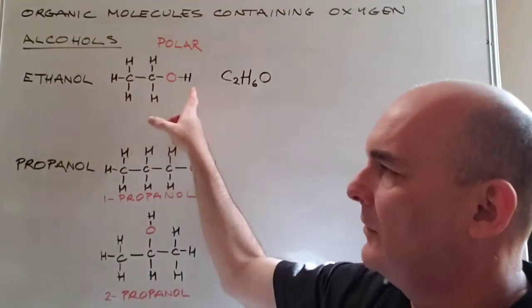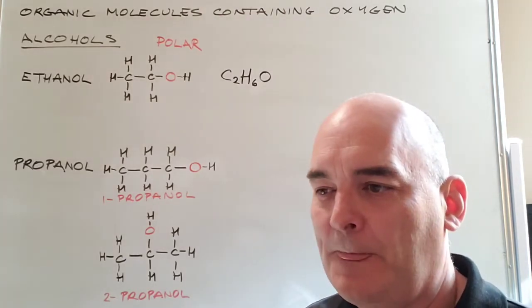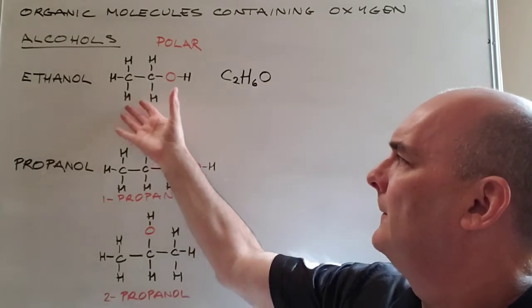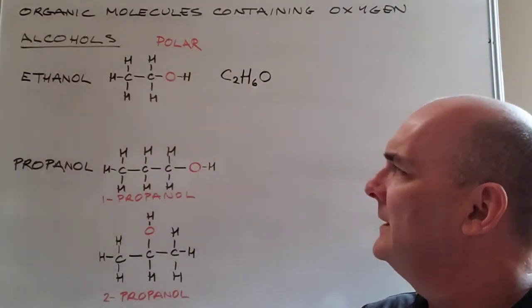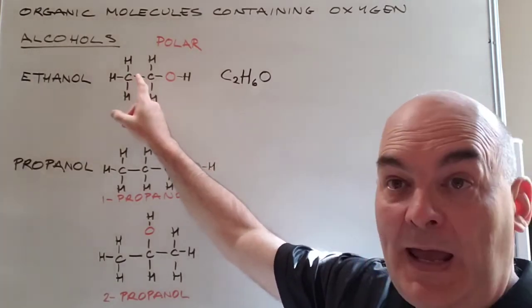This is ethanol. Ethanol is the alcohol that we control and tax because humans consume it. It has 2 carbons in a chain, eth.